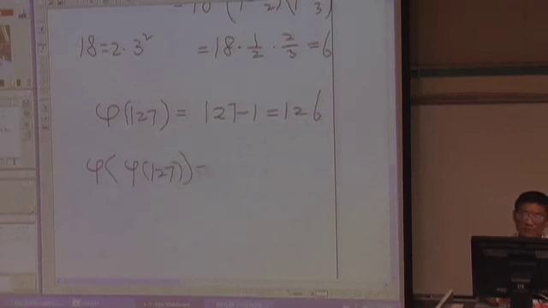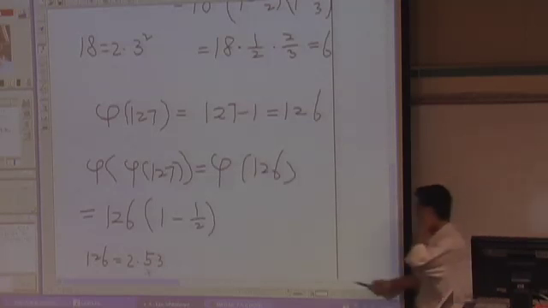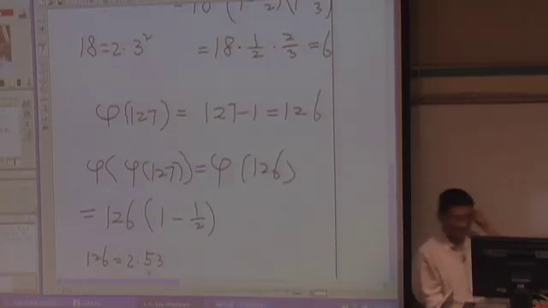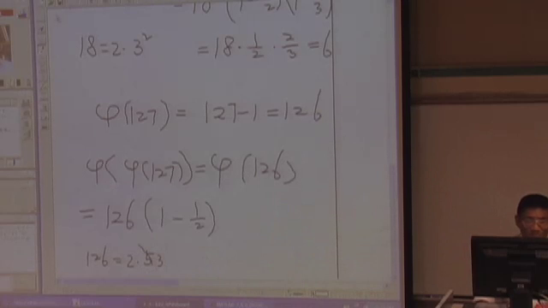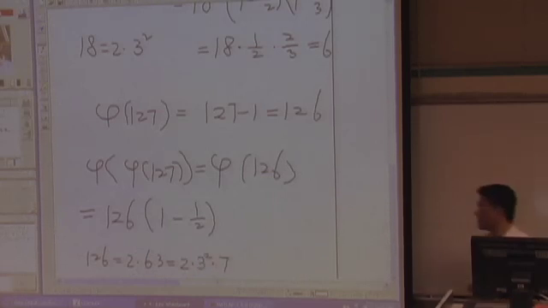So phi of 127 equals phi of 126 equals 126 multiplied by 1 minus 1/2, right? 126 is 2 times 63. 63 is 3 times 3 is 9 times 7, right? 3 squared times 7.